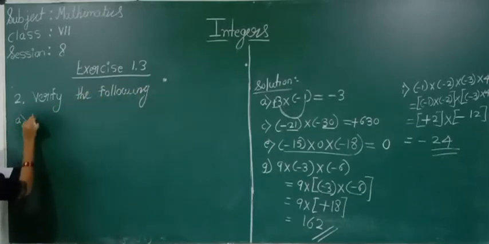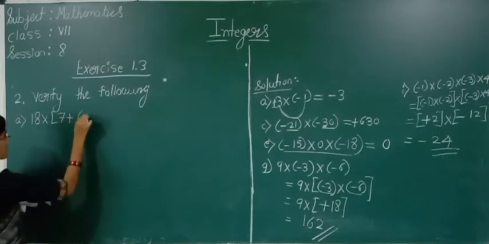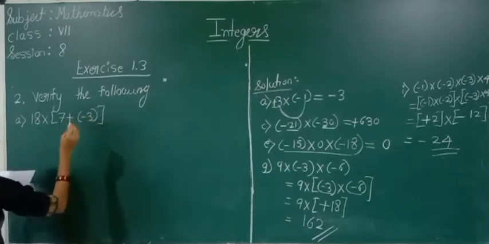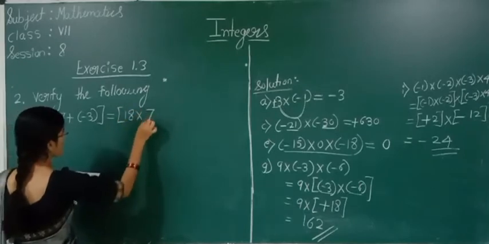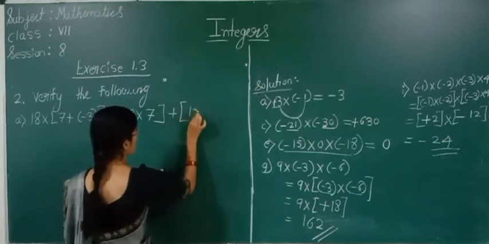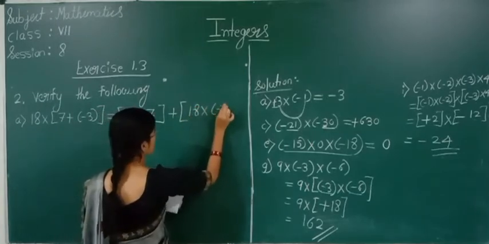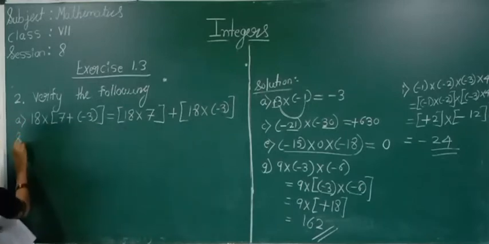A1: 18 into 7 plus of minus 3 is equal to 18 multiplied by 7 plus 18 multiplied by minus 3. See students, solution.